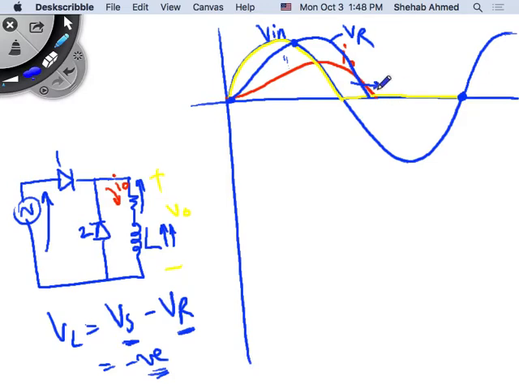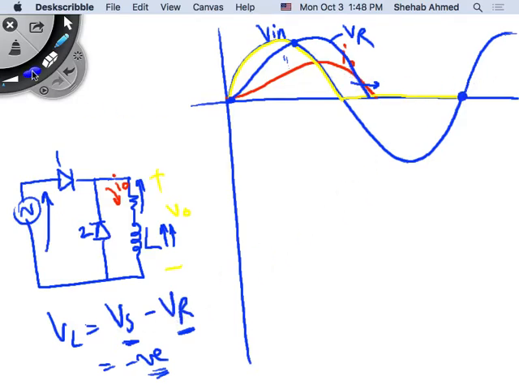Now we said that I increase the value of inductor. If I increase the value of inductor, I will push this further and further to the right. At some point here, Vs minus Vr will be not at this point, but maybe beyond it.